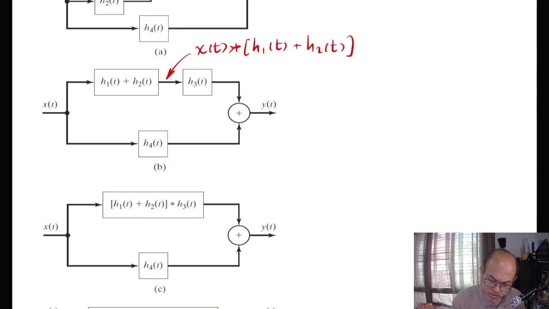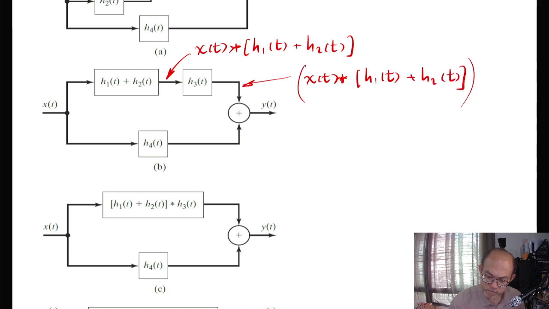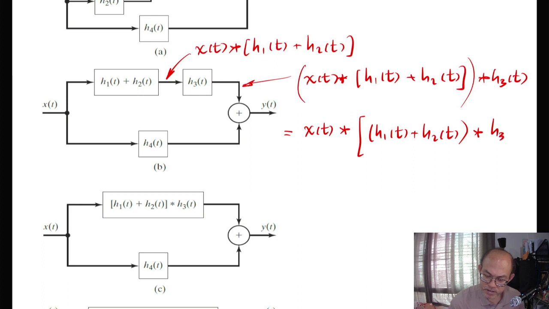Here in the upper one we have x of t convolved with h of 1 t plus h of 2 t, and then whatever it is, we convolve again with h of 3, right? And using associativity, we can do this: x of t convolved with h of 1 t plus h of 2 t, and convolved with h of 3, using the associativity property.